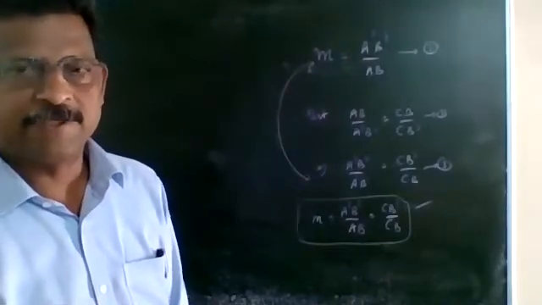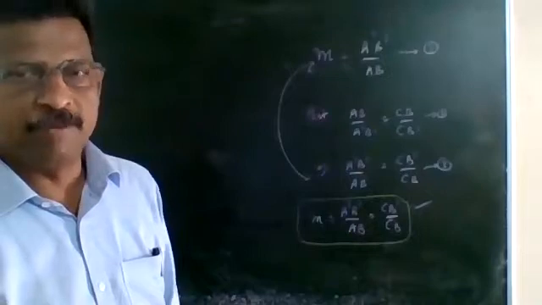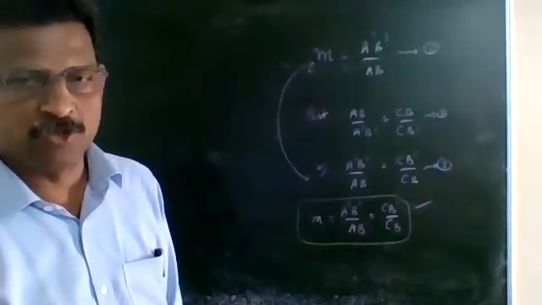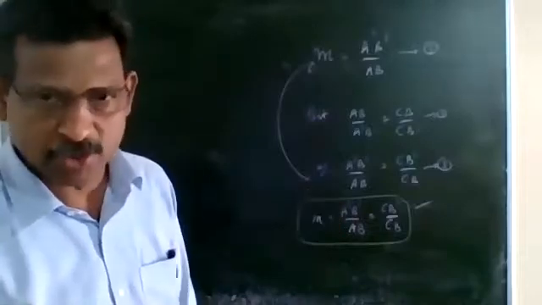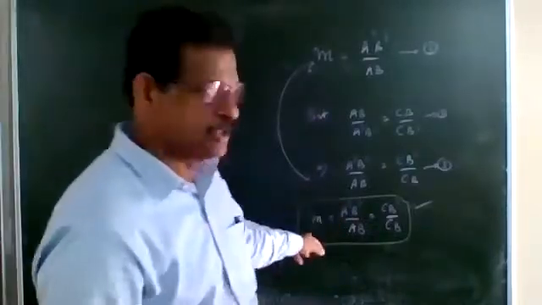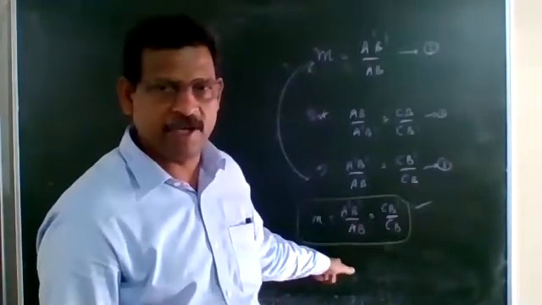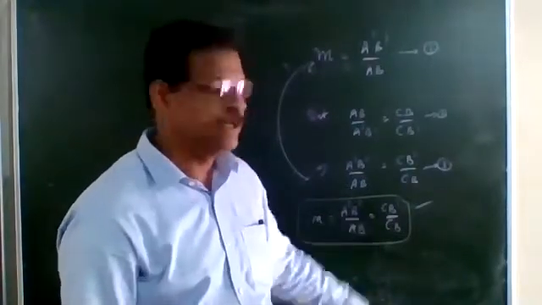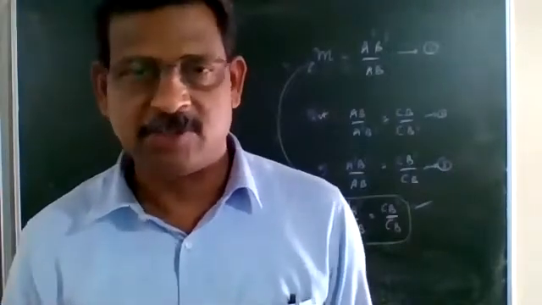So there are 3 cases: concave real image, concave virtual image, convex virtual image. What will happen to this equation? We have to remember the last equation, m equals A dash B dash divided by AB equals C B dash divided by C B. Write this equation 5 times in the copy just now.